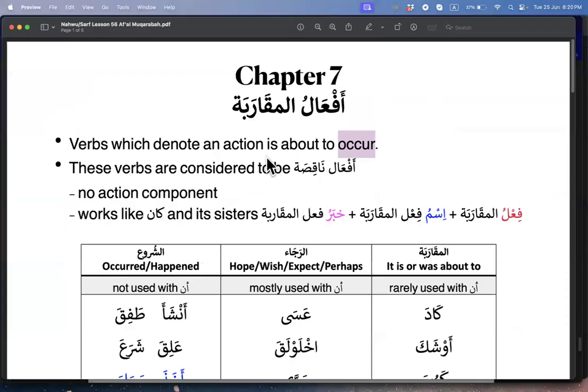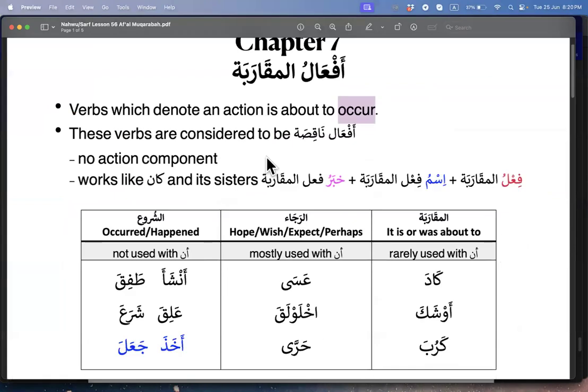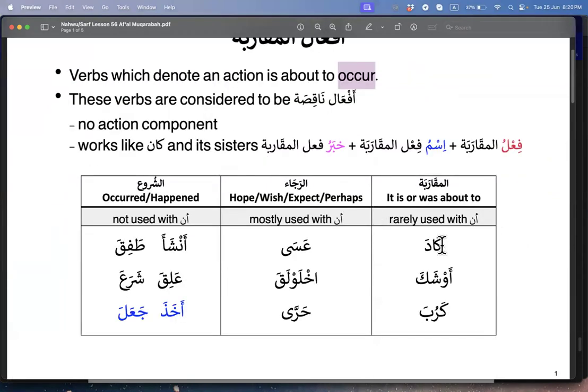So back to af'al muqarabah. We have Kana and her sisters. Now we have Kada and her sisters, Asa and her sisters, and maybe Tofiko or Ahoda and her sisters.